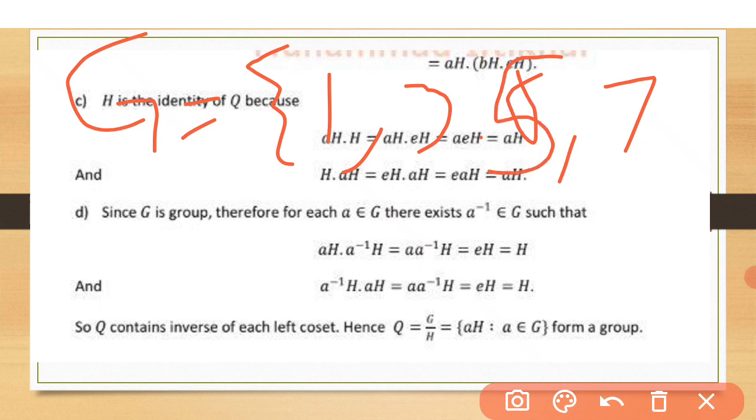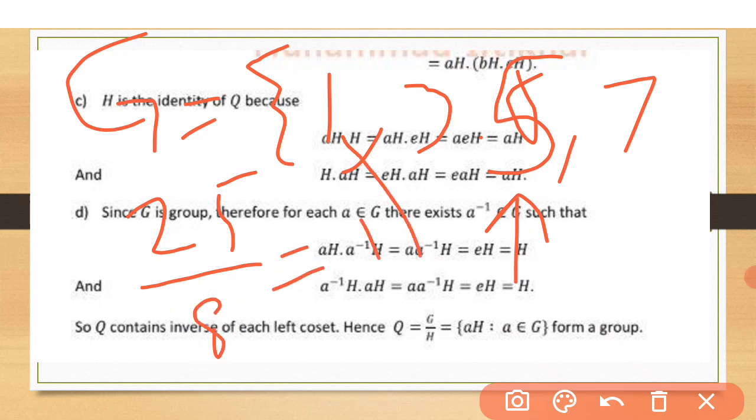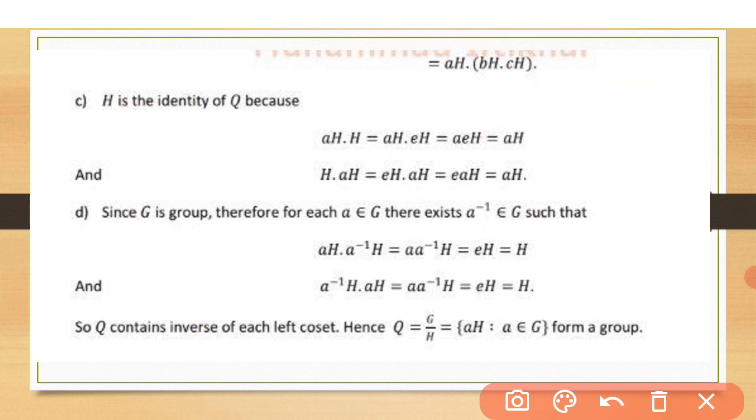Here inverse of 5 is 5, because when we multiply 5 by 5 it gives us 25, and when we divide it by 8 it gives us 1, which is the identity element. It means that these three elements are self inverses here. So if we take the left coset of 3, then its inverse is also 3. The left coset of 3 is equal to its inverse left coset. So inverse must exist, and we have the left coset of the inverse as well.